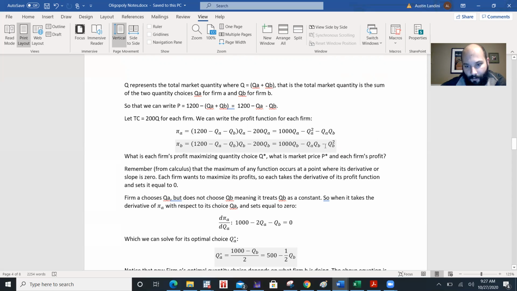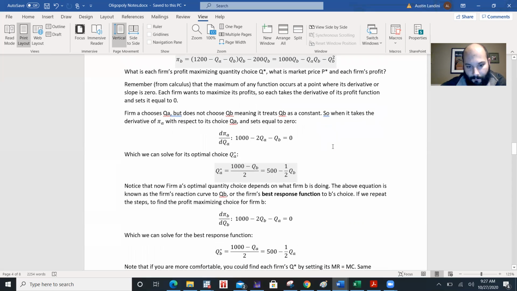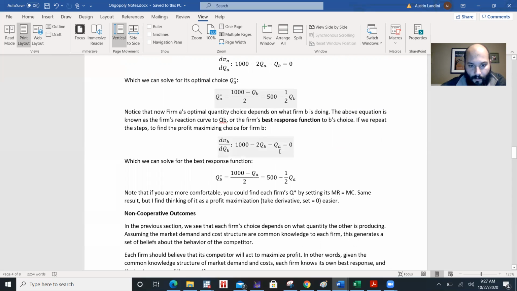And then we've got a 2 QB over here. We're going to now try to solve for QB. So we add 2 QB to each side and then divide by 2. We get that QB is a function of QA.